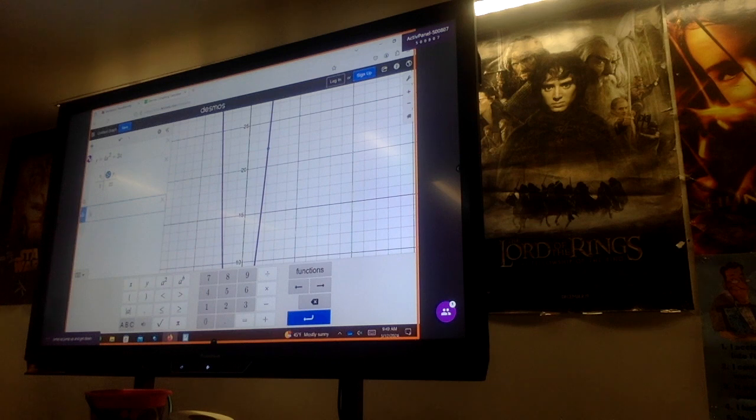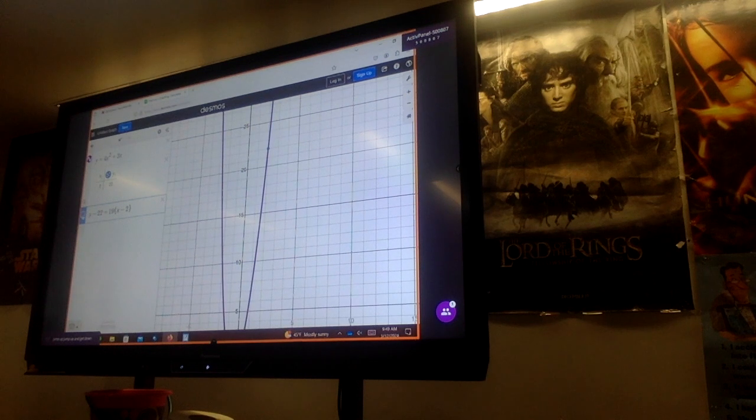equation. And the nice thing is Desmos will allow us to plug this in. What did I say the slope was? 19, thank you. X minus 2. Oh, let's change that color. Orange.